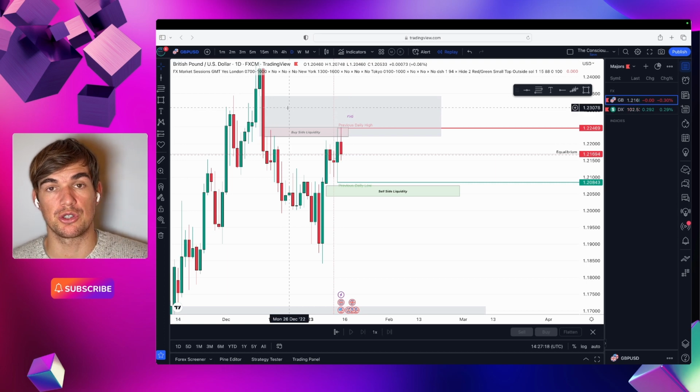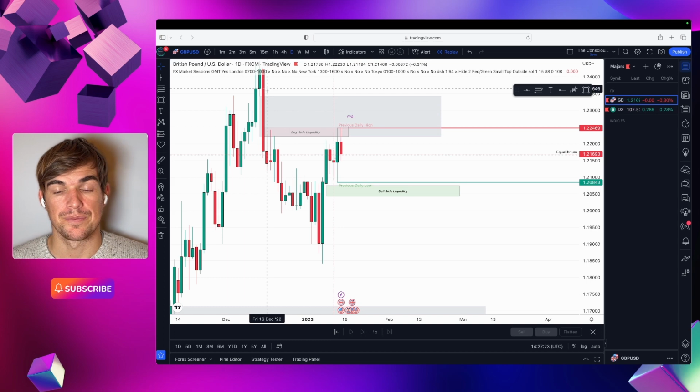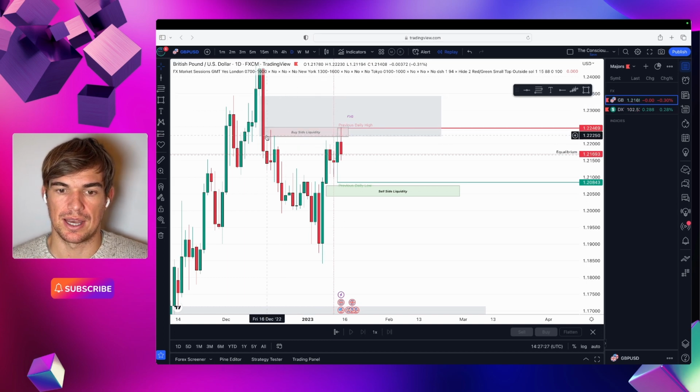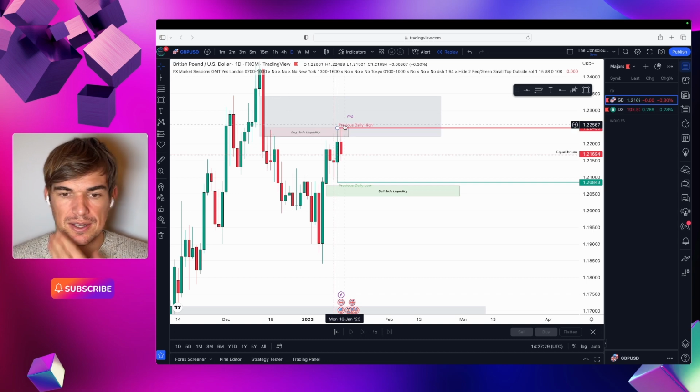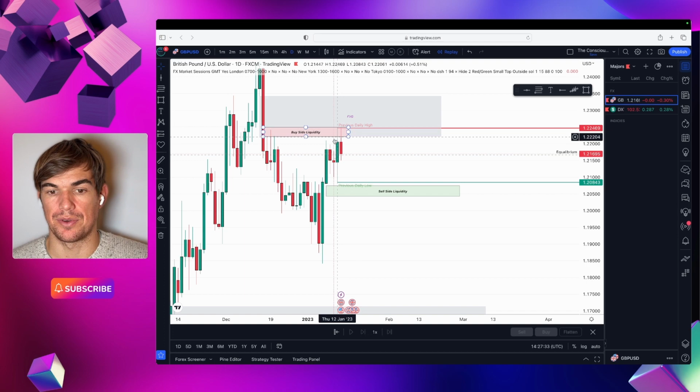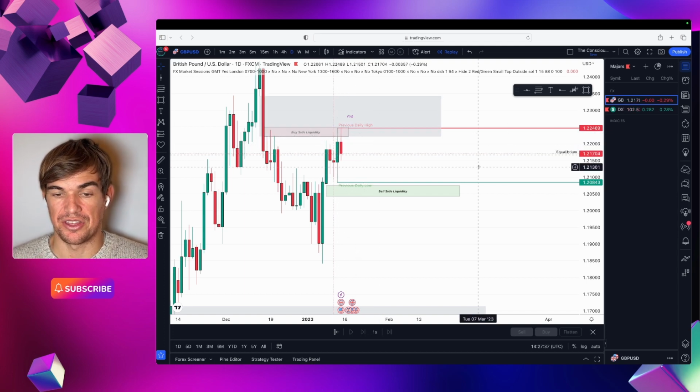People who wanted to go short didn't have an opportunity to tap into the market, because we went straight down and we never retraced. So this is the opportunity here, and I did think that before we sell, we would have a break into these previous daily highs, and that's what I wanted to see.